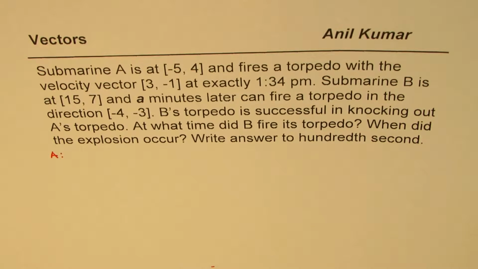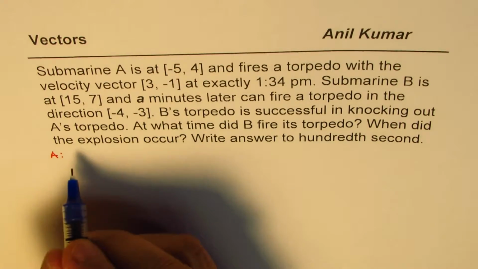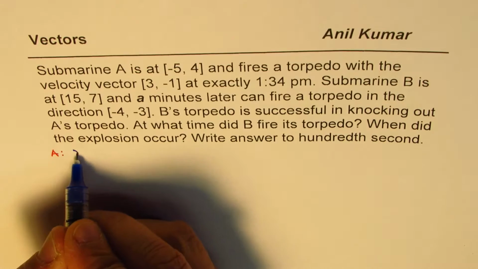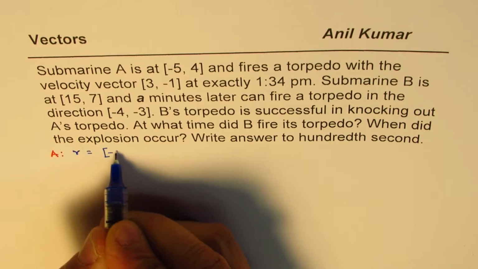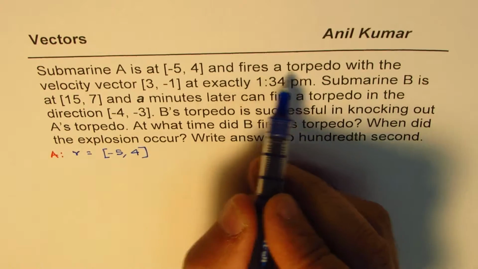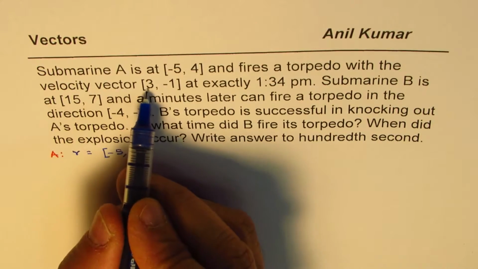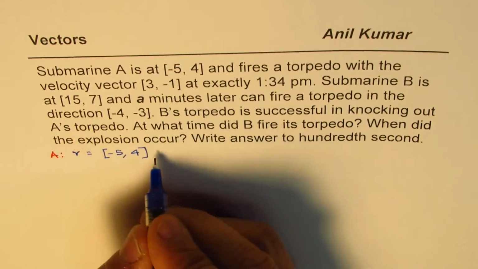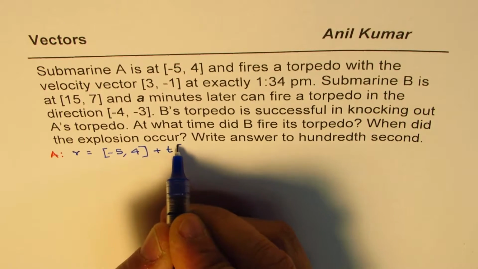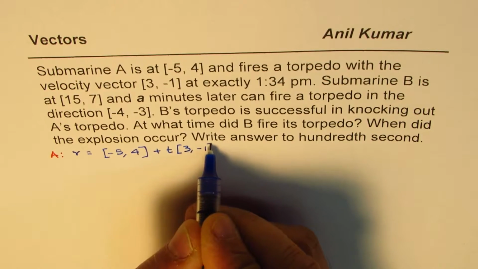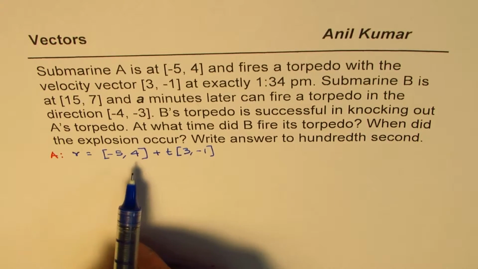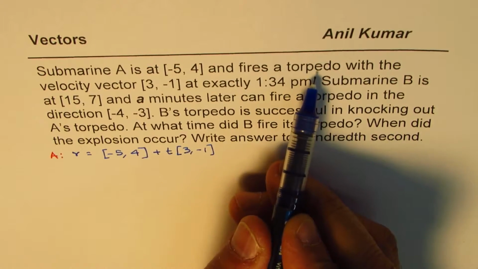We have the position given as (-5, 4), so R equals (-5, 4), and it fires with the velocity vector (3, -1), so we write t times (3, -1). That becomes the vector equation for the position of the torpedo.